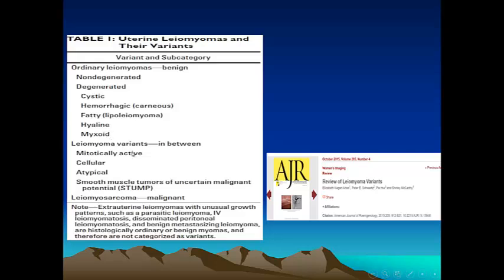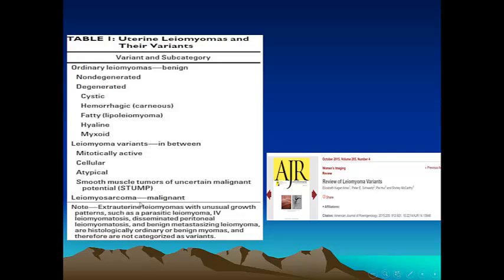Leiomyoma variants in between are mitotically active, and this is the problem here, that sometimes we cannot differentiate: is it a mitotically active fibroid or is it malignant? The mitotically active are the cellular type, the atypical type, and the STUMP, smooth muscle tumor of uncertain malignant potential. Leiomyosarcoma is frankly malignant.